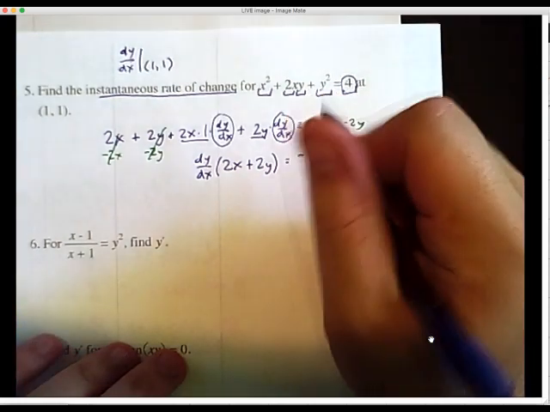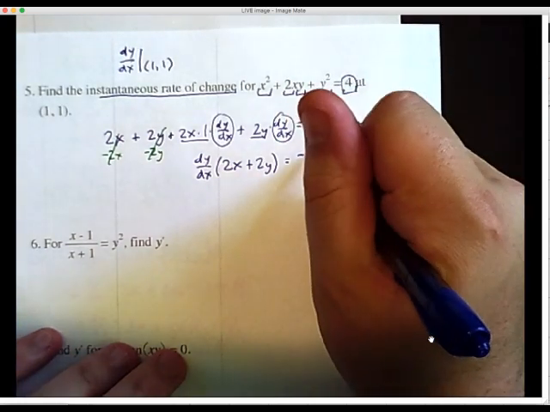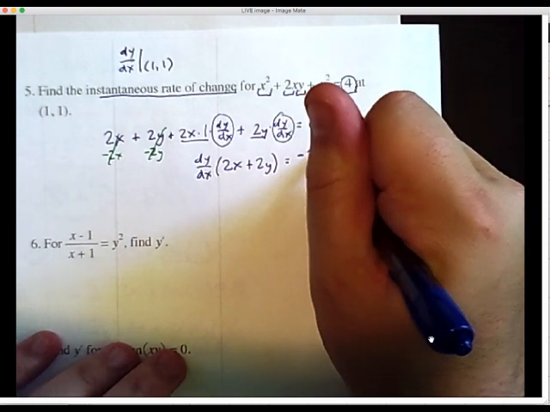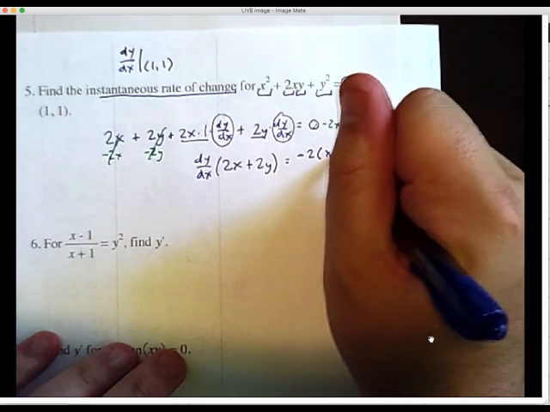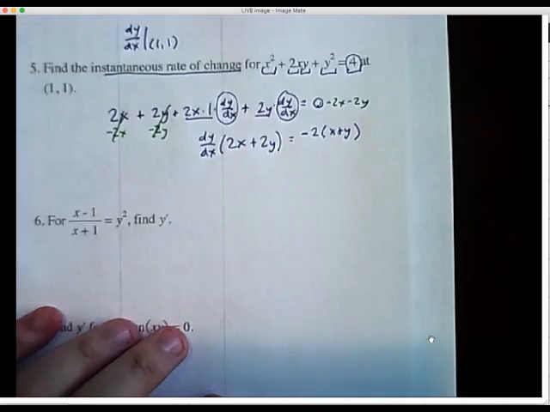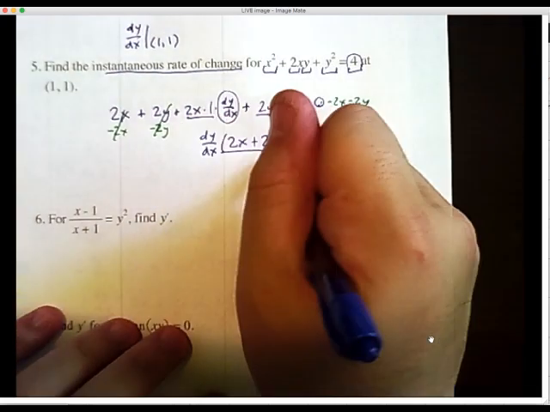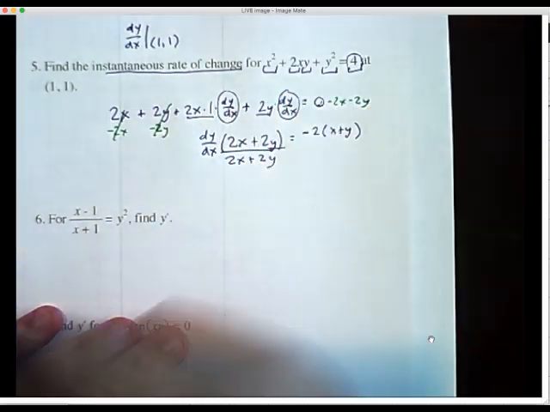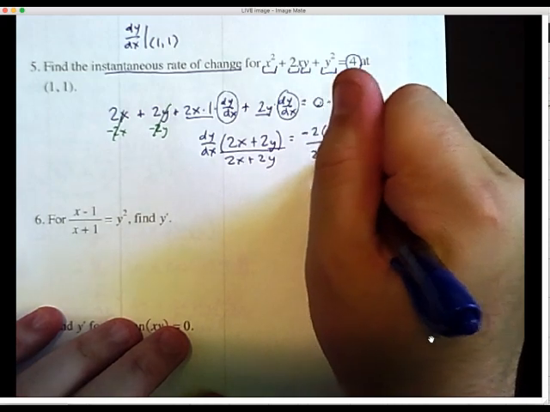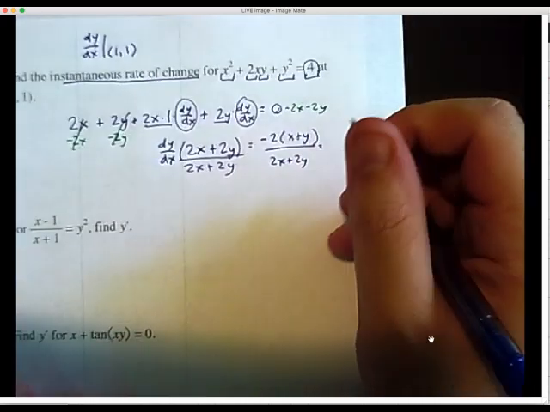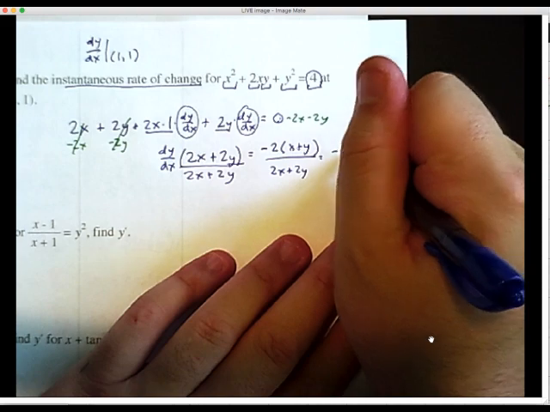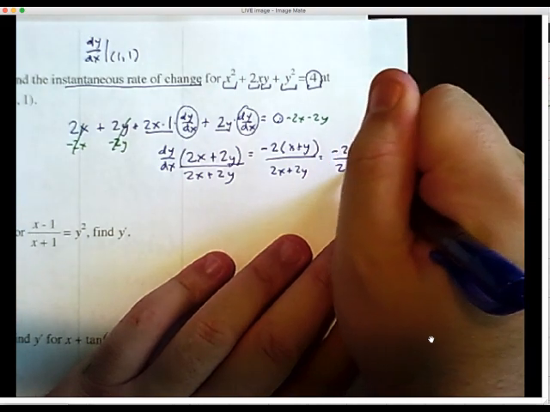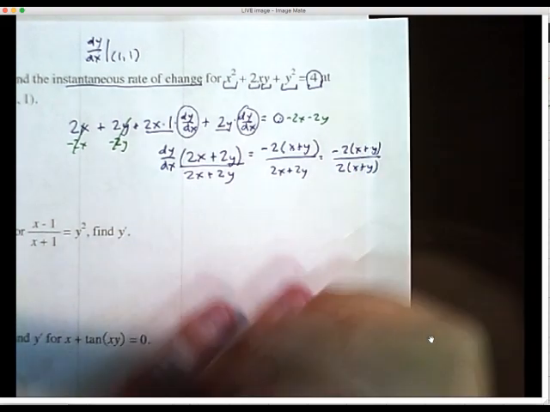If I factor out a negative from here, it would just be x plus y. Now I can divide both sides by 2x plus 2y. And you can again do some factoring here. Factor out a 2 there and you get an x plus y again.